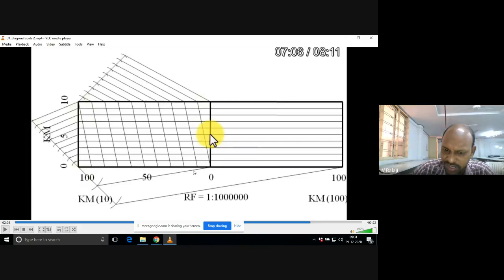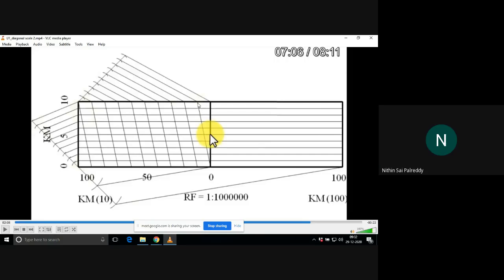Now tell me, where is the ninth kilometer? After 0, we have to go vertically upwards until the 9th kilometer. Are you saying this line? Yes, sir.